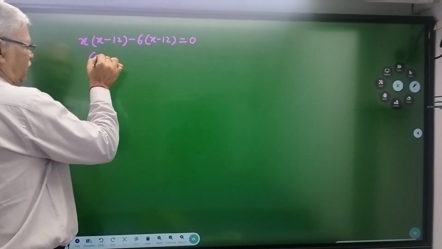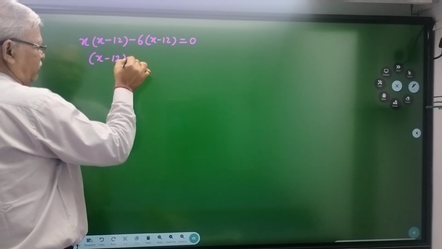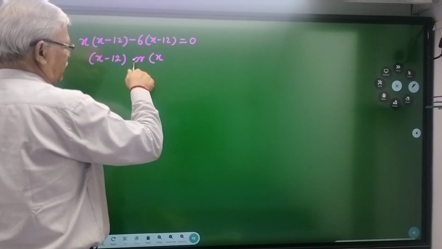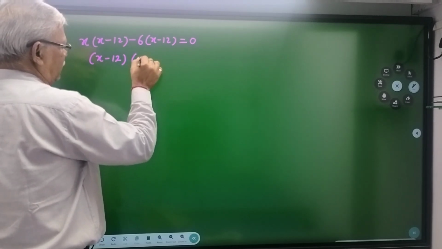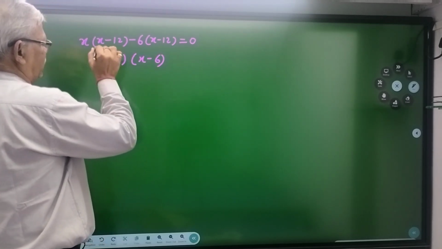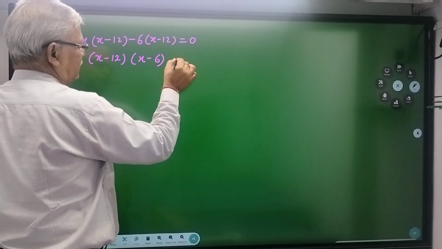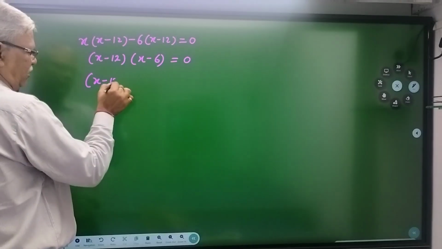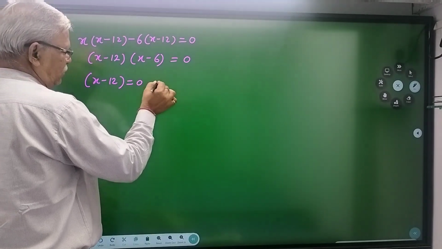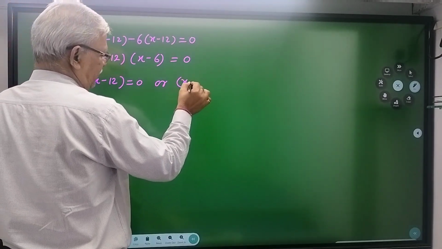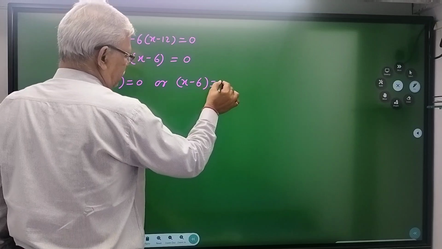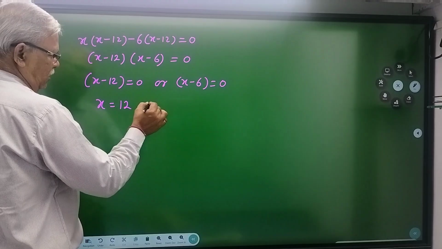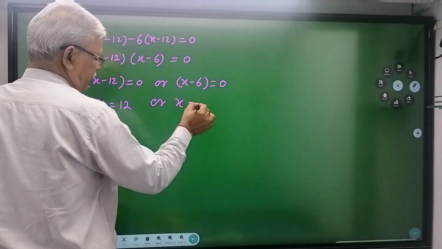Therefore, x minus 12 is equal to 0, or first we will write here x minus 6, take this common, x minus 6 is equal to 0. Therefore, x minus 12 is equal to 0, or x minus 6 is equal to 0. Therefore, x is equal to 12, or x is equal to 6.